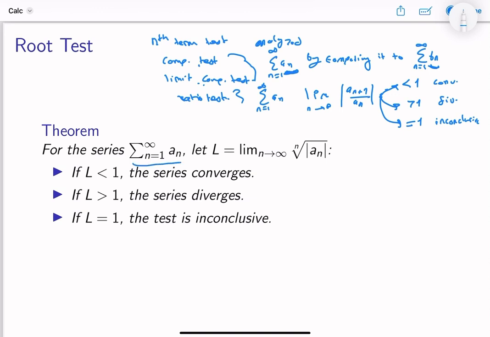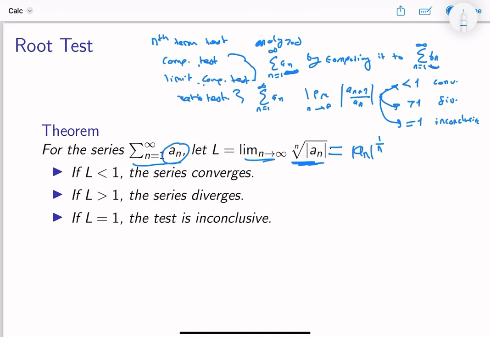Let's say we have the sum of an from n equals 1 to infinity, and we ask now what's the limit of the nth root of the summand that we're talking about here, which is an. So I remind you, the nth root of an means you take the absolute value of an and raise it to the power 1 over n.